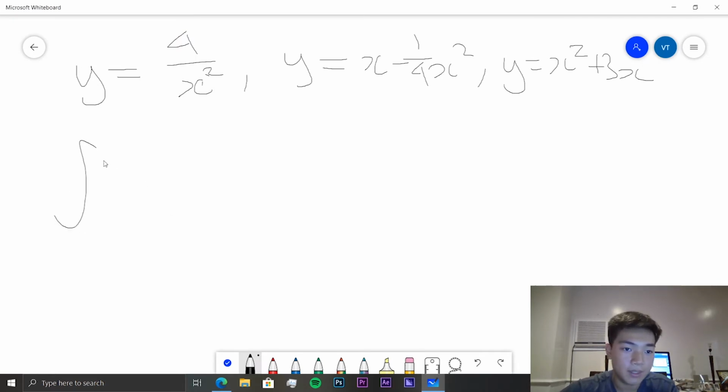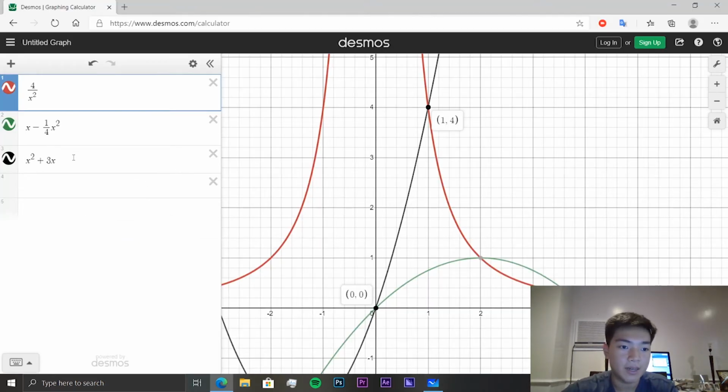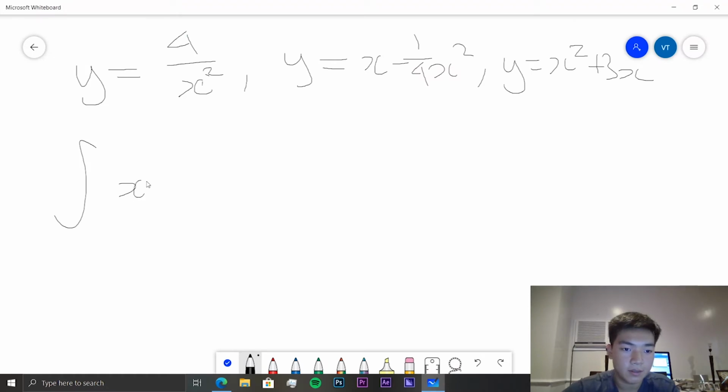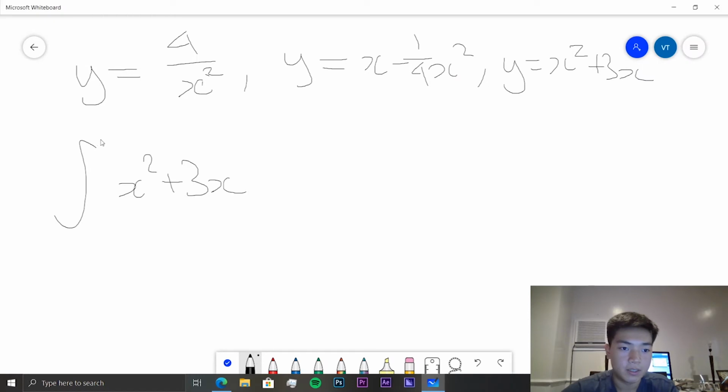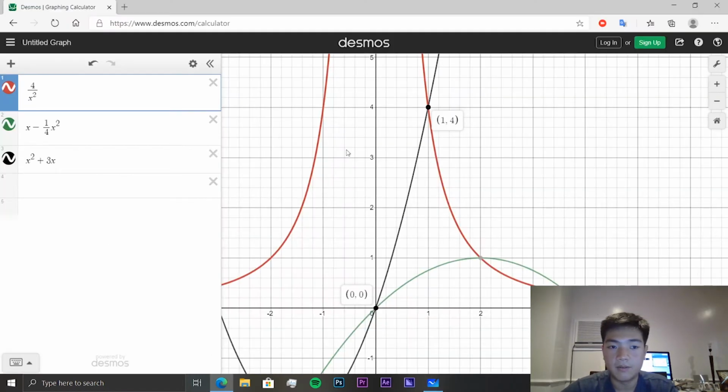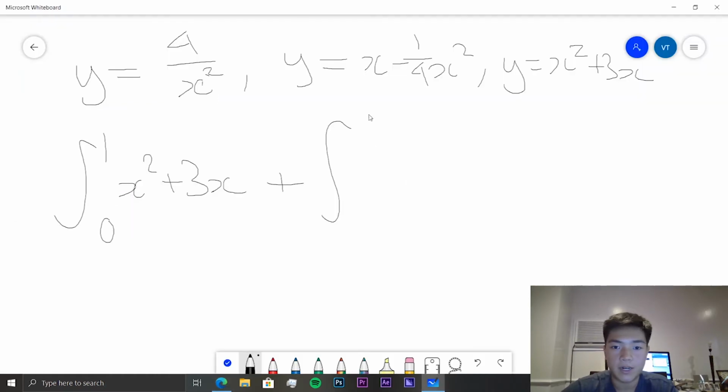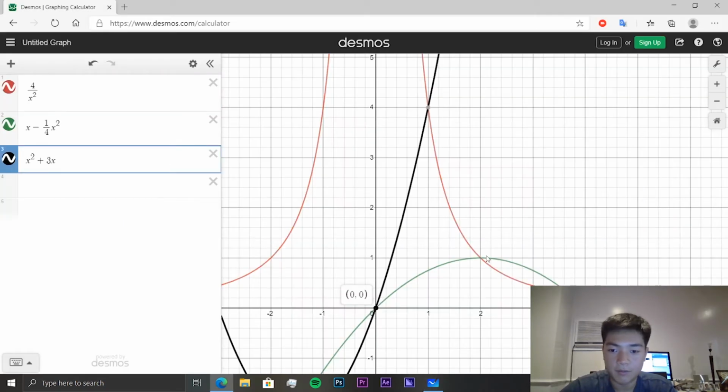So we have the limit of, what is our black curve? x squared plus 3x from 1 to 0, plus the limit of our red curve, which is 4 over x squared, from 1 to 2, minus the limit of the green curve from 0 to 2.